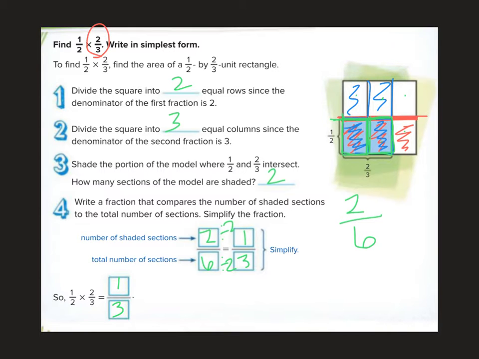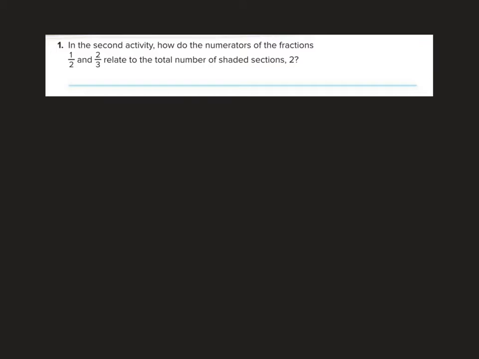Okay, let's try some more, guys. There will be a lot of examples today, so if you're still a little confused, keep following along. In the second activity, how do the numerators of the fractions 1/2 and 2/3 relate to the total number of shaded sections? Okay, so when we multiply this, we know we're going to multiply numerators, right? 2.